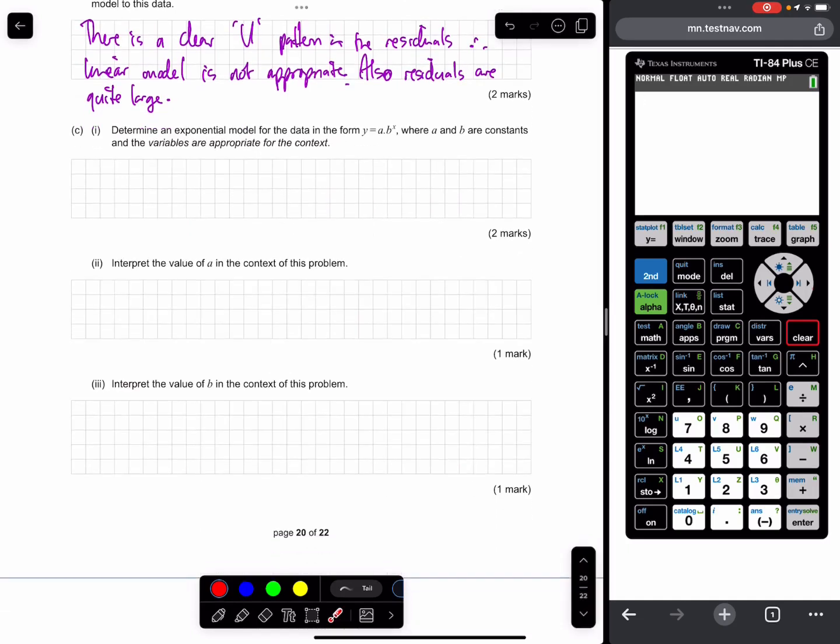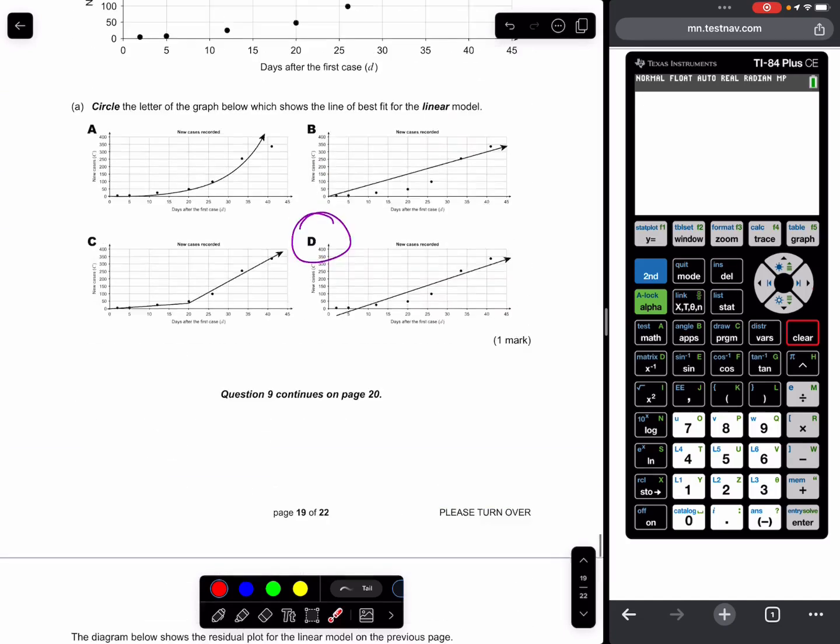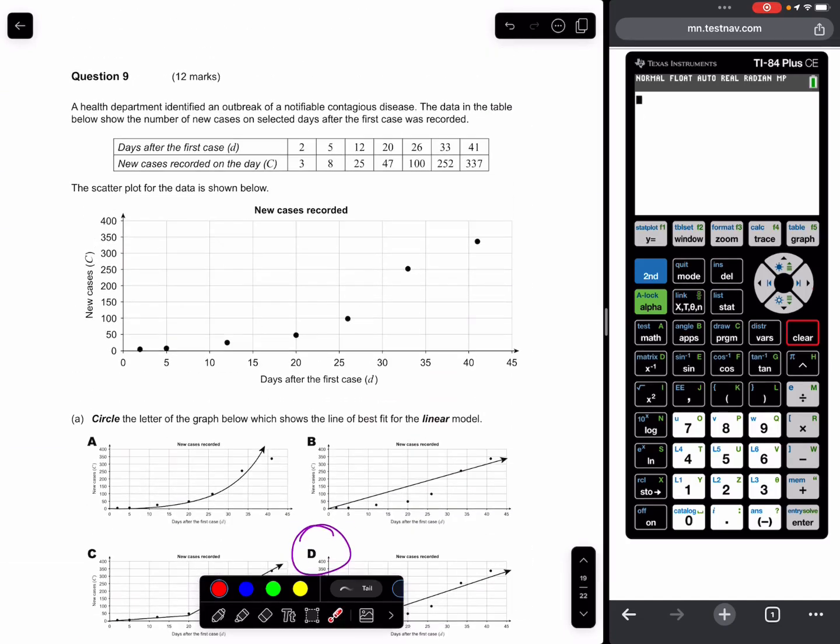C1. Determine an exponential model for the data in the form y equals a times by b to the power of x, where a and b are constants. I need to enter this data into the calculator.